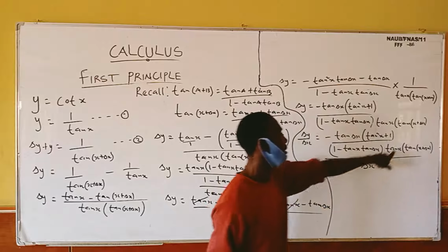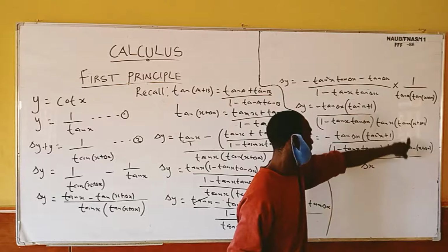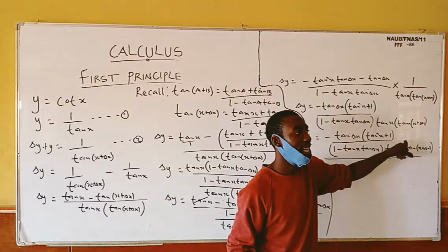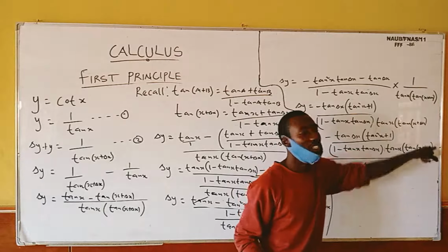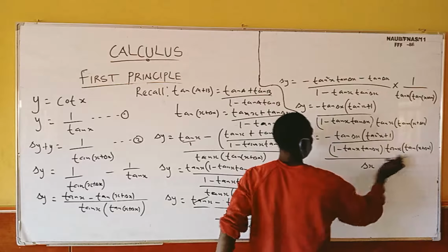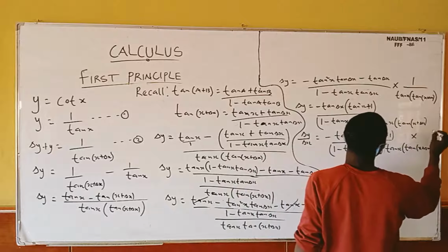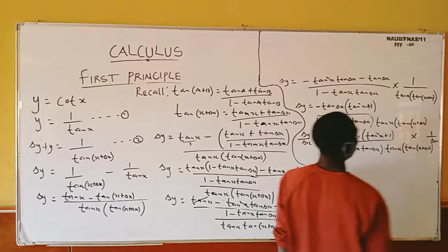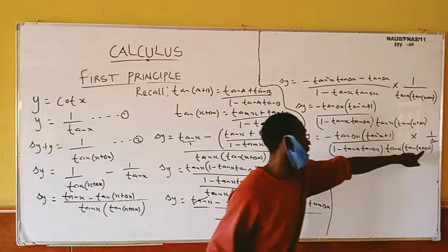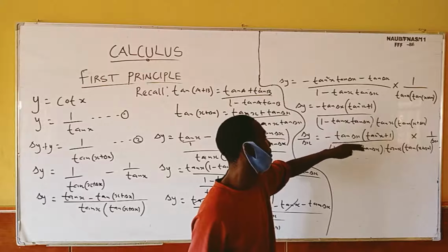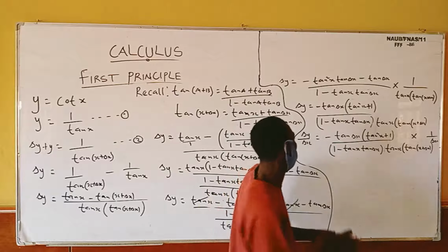If I write this one change in s here, it will just be change in s over 1, times 1 all over change in s. So this change in s now, I can bring it here, and let it be the denominator.